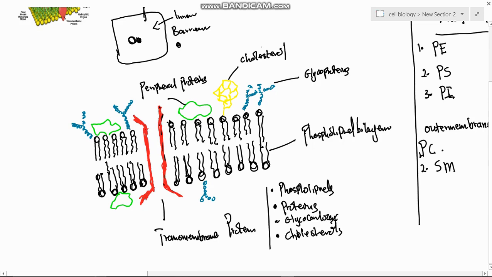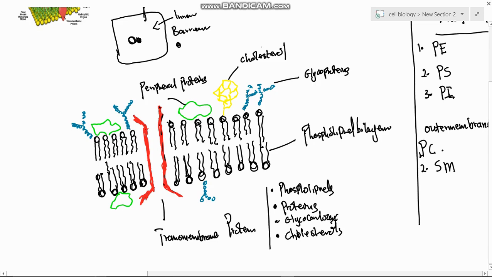I think these are the basic components of the plasma membrane. When we talk about the phospholipids, we have different types of phospholipids. The proteins, we have different types of proteins, the glycocalyx as well. And then the cholesterol also plays some role in the plasma membrane.